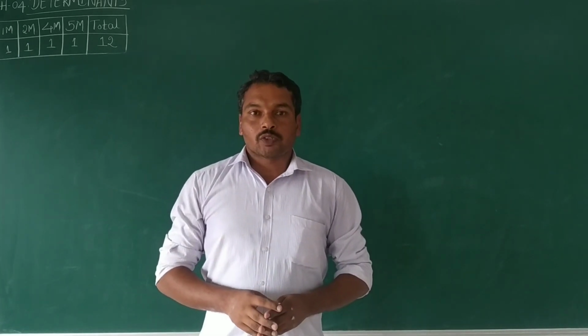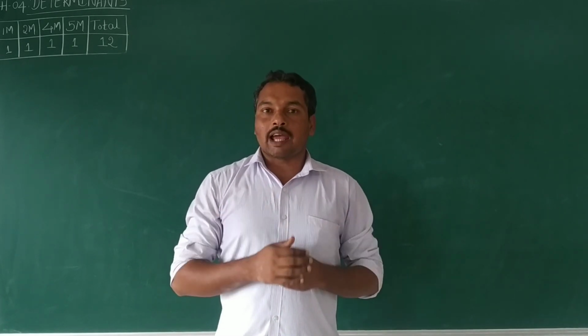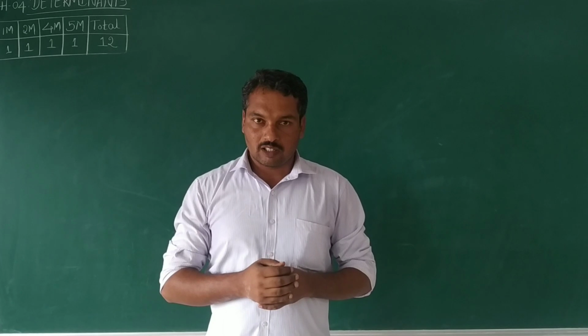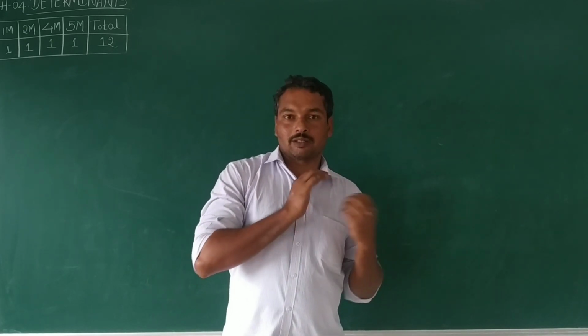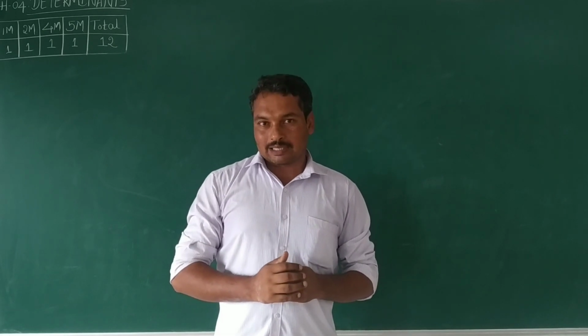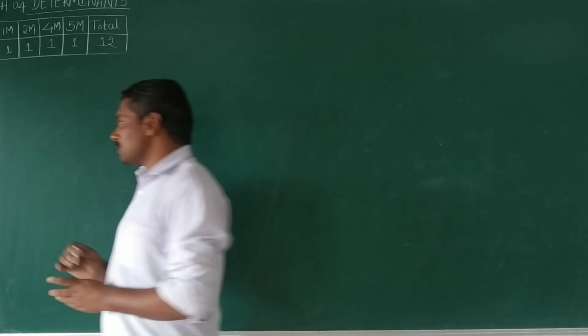Before going to explain the notation and meaning of determinant, first I will recall the concept related to this determinant. What is that concept? That concept is matrix. What is a matrix?